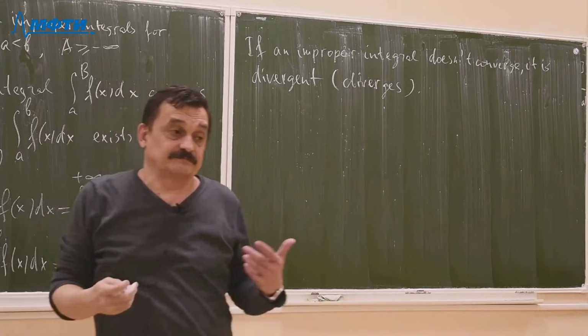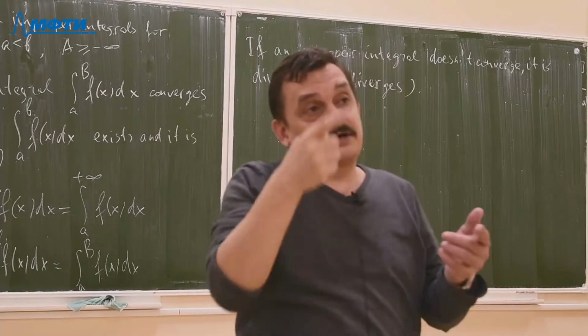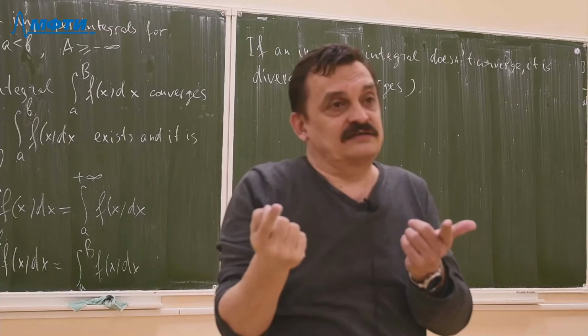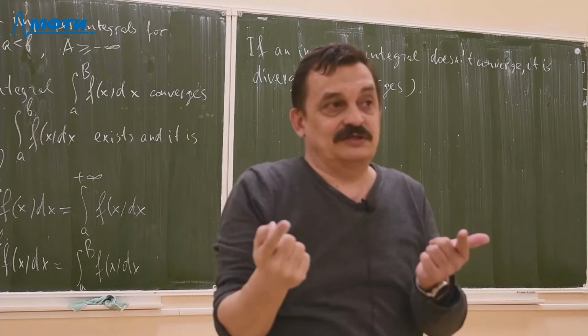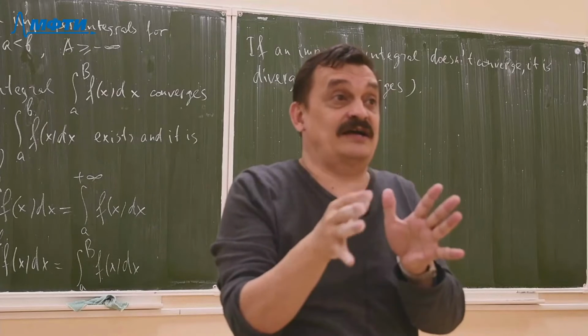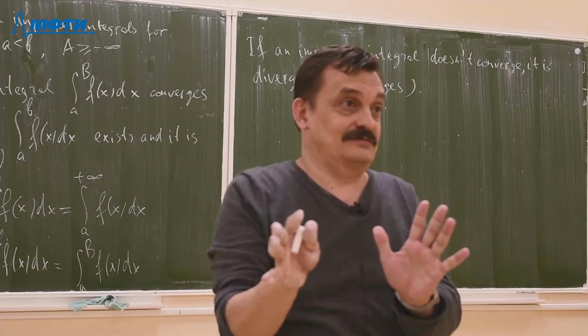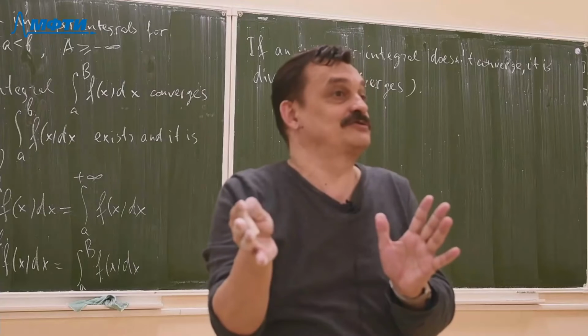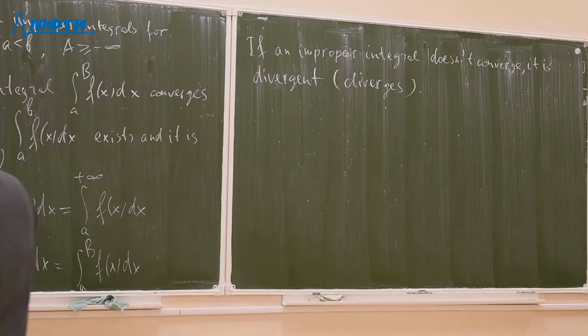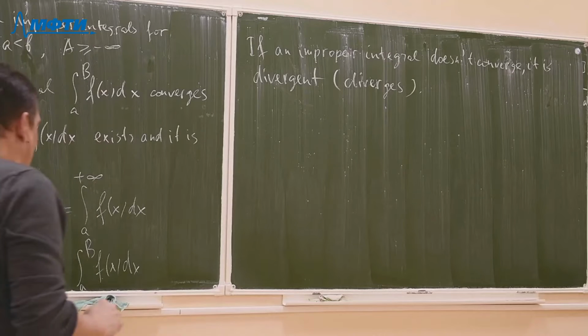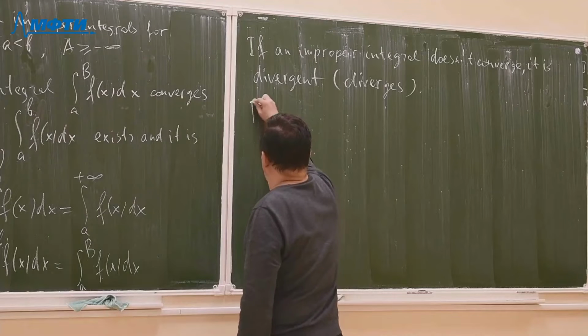So you see, when I write integral and I say it is divergent, what does it mean? It means there is no sense behind this notation, right? But nevertheless, the symbol is written. So that is why I prefer to call an improper integral just a notation without any sense behind it. And when we are talking about a sense, that is about convergence. And okay, let's start with a couple examples.